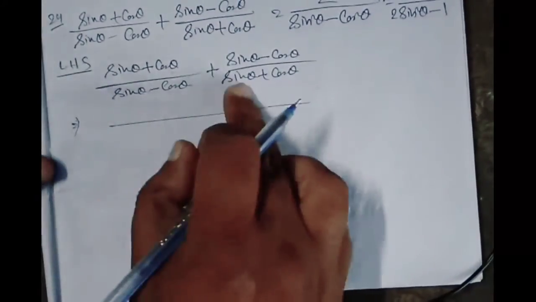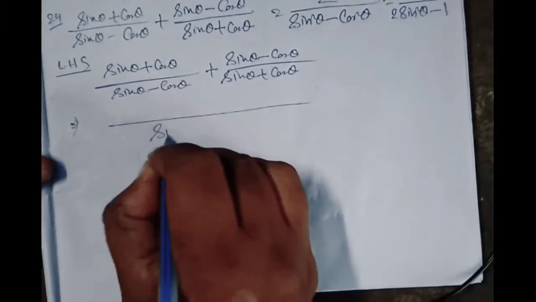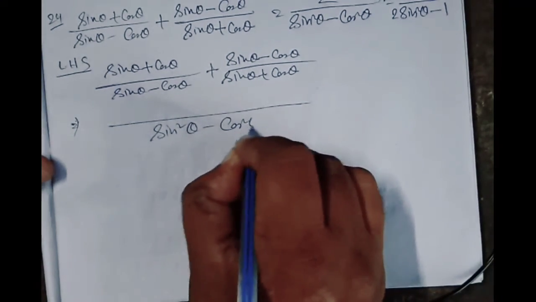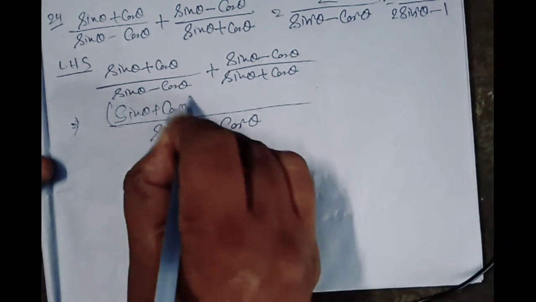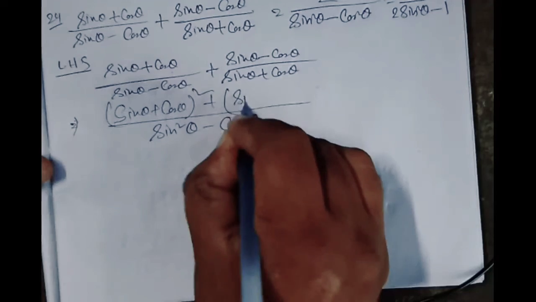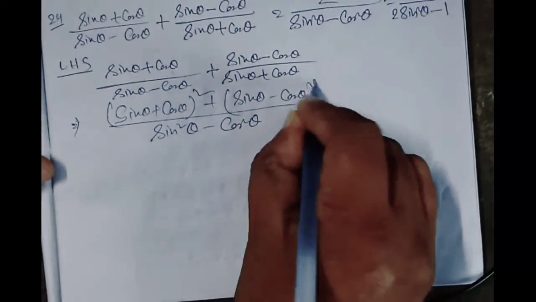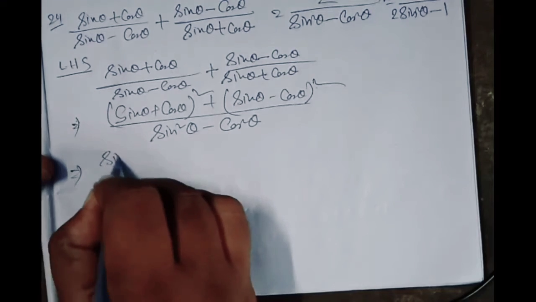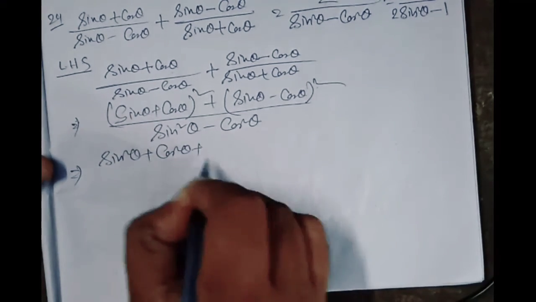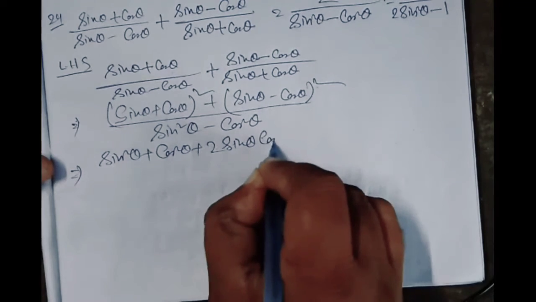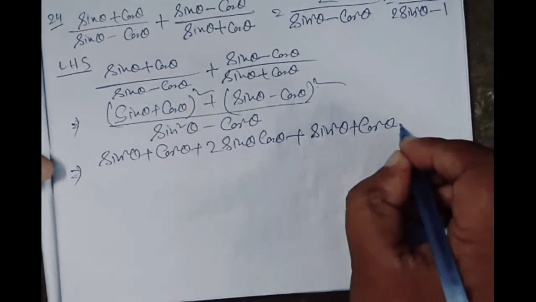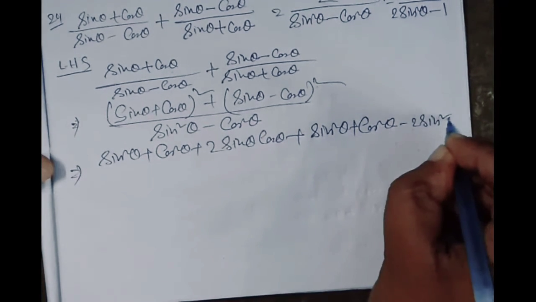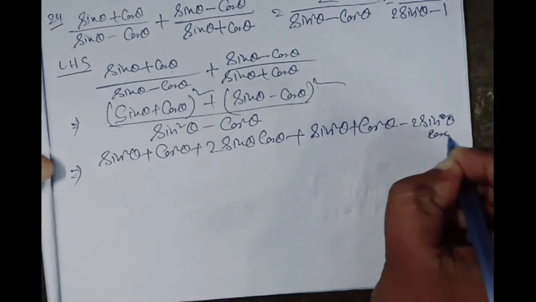Taking the LHS, we are getting sin square theta minus cos square theta in the denominator. The numerator can be written as (sin theta plus cos theta) whole square plus (sin theta minus cos theta) whole square, which is sin square theta plus 2 sin theta cos theta plus cos square theta plus sin square theta plus cos square theta minus 2 sin theta cos theta.